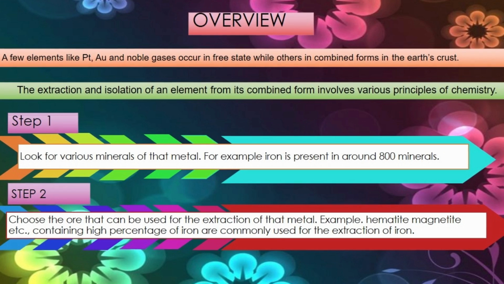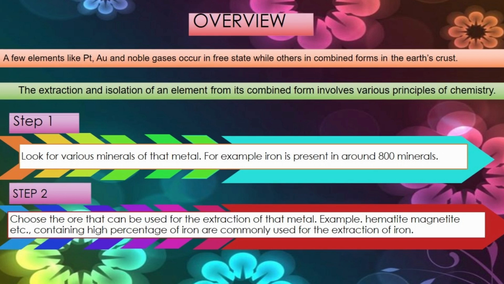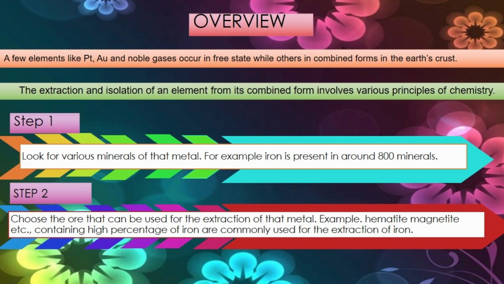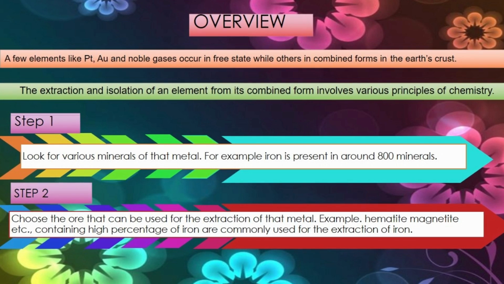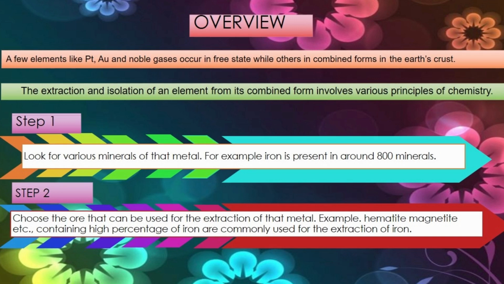If you take less reactive elements or inert elements like gold, platinum or noble gases, they will exist in the earth crust only along with the earthly impurities. Whereas highly reactive elements will exist in the combined form as sulfides, oxides or silicates.